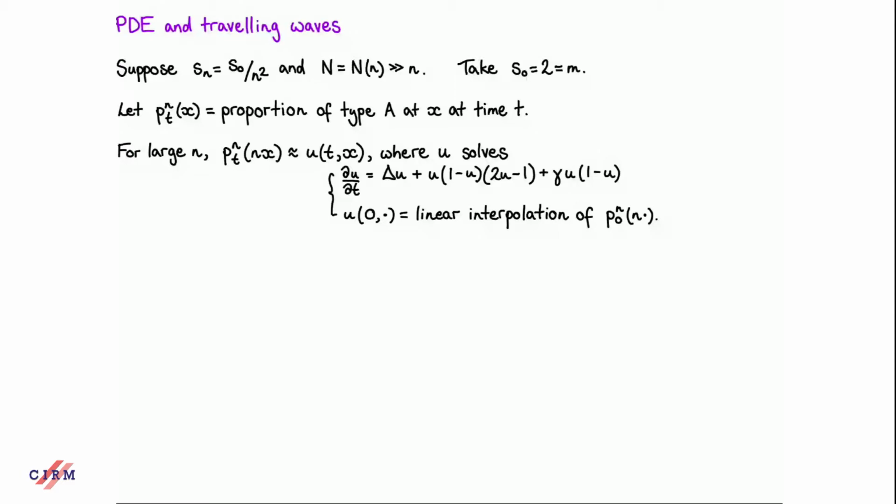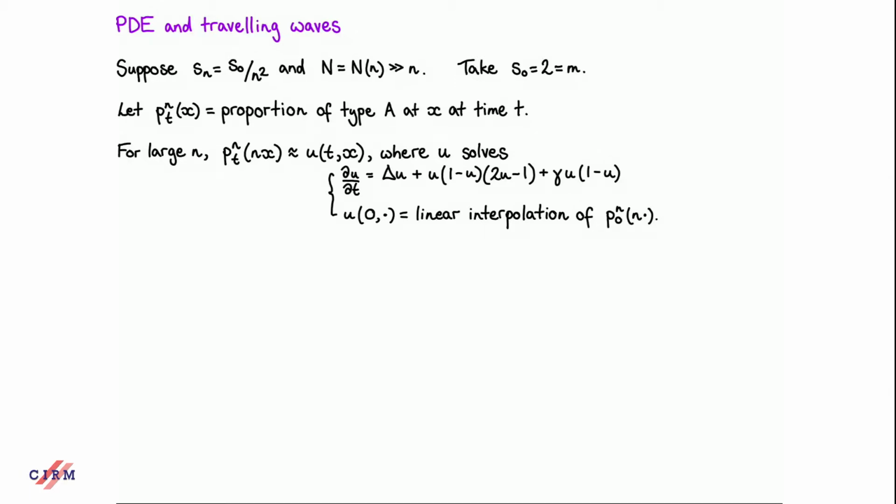And for convenience, so that some of our coefficients go to 1, for the rest of the talk we're going to take S0 to be equal to 2 and also m to be equal to 2. And we're going to let Pn,t of x be the proportion of type capital A at the site x at time t. So that means that out of the capital N individuals at x at time t, there's a proportion Pn,t of x which are type capital A.